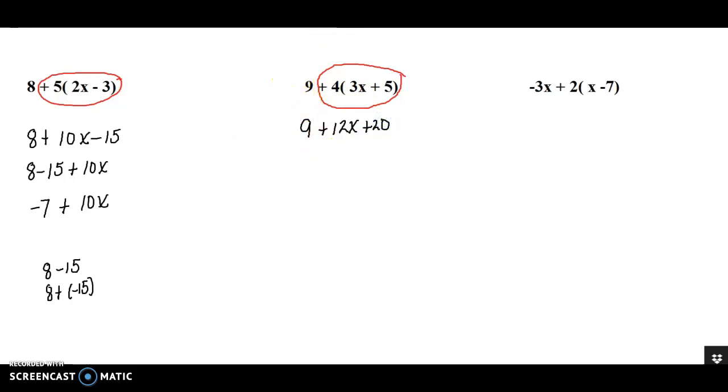Now, when we look at our last problem here, they want me to perform the distributive property here. So I rewrite negative 3x, and when I perform the distributive property there, I get plus 2x minus 14. And now combine the like terms, I get a negative 1x minus 14, or you can just say a negative x minus 14.